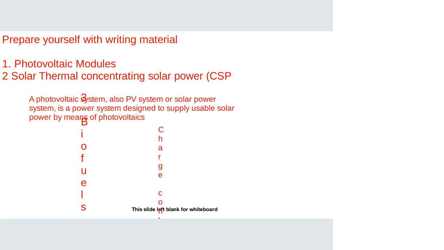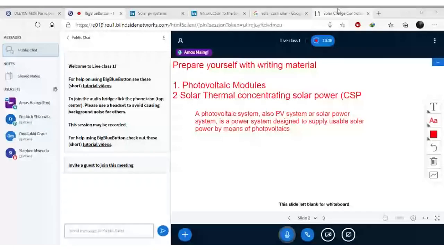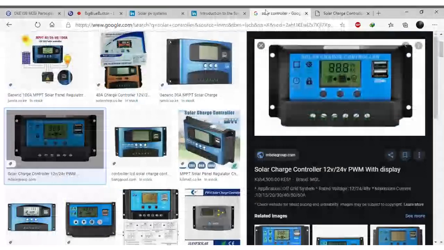So here it is. Let me share that screen with you. So this is the charge controller, this one right here.